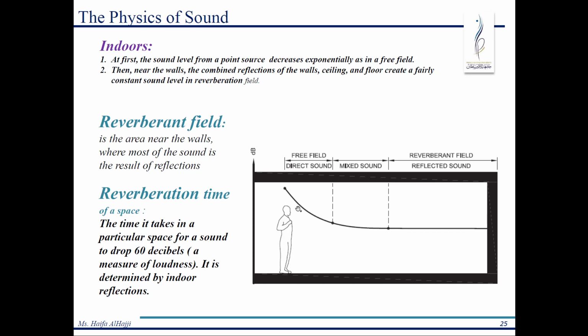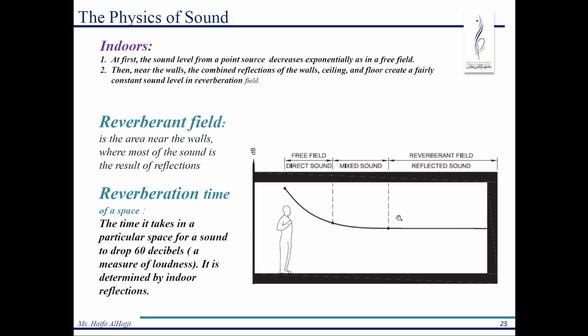So, for example, let's say it took 1 second. If it took 1 second, it's fair enough. This is good for speech. But if it took maybe 5 seconds for the sound to decrease by 60 decibels, this means his sound was being reflected back and forth for a very long period, because 5 seconds is a long reverberation time.